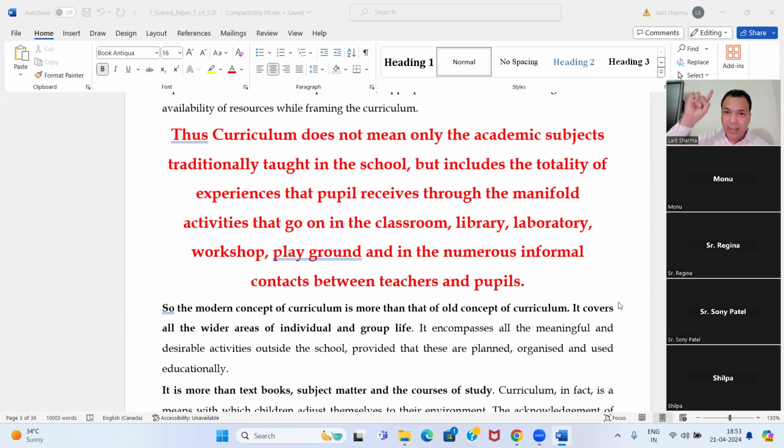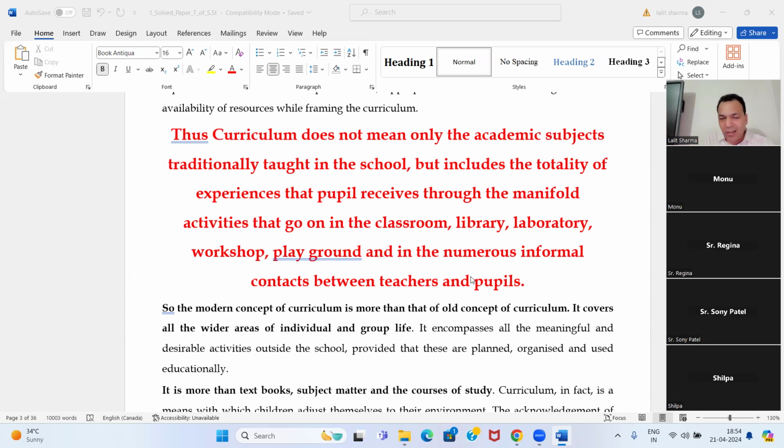I have told you in the previous lecture, activities that go on in the classroom, library, laboratory, workshop, playground, and in the numerous informal contexts between teacher and pupil. Right? So curriculum is not the syllabus. Syllabus is a part of the curriculum. Curriculum includes the totality of the experience of the student inside the classroom as well as outside the classroom.